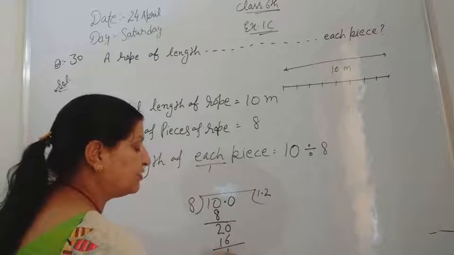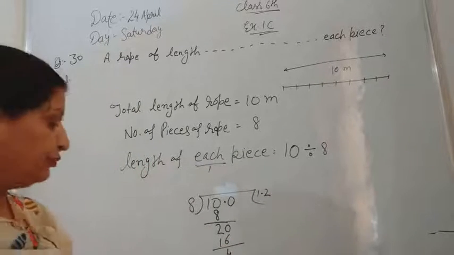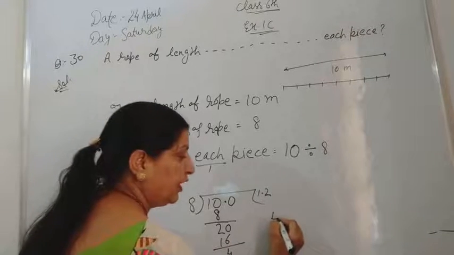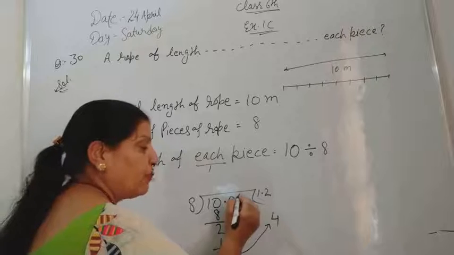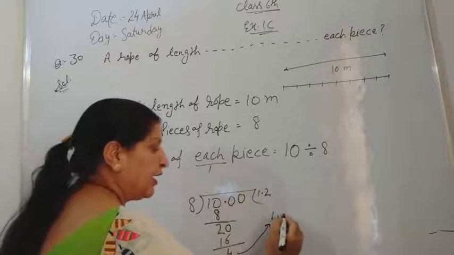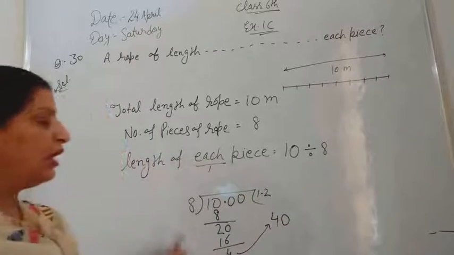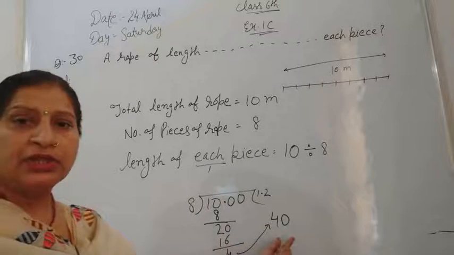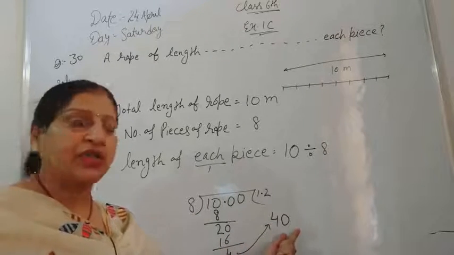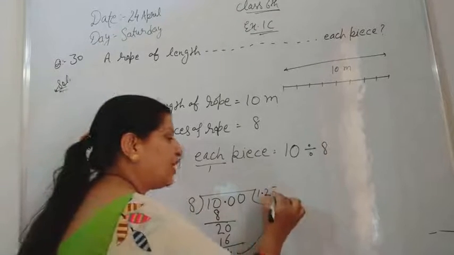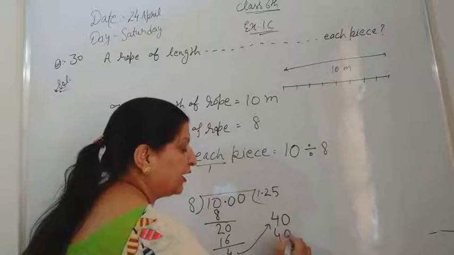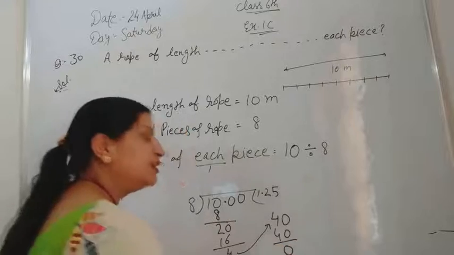Now the remainder is 4. Now we put again 0 and now here the number is 40 and we divide 40 by 8, then 8 5s are 40 and in that case your remainder is 0.